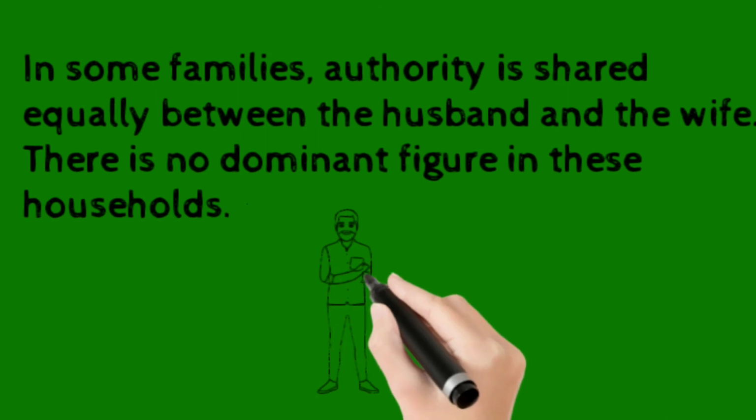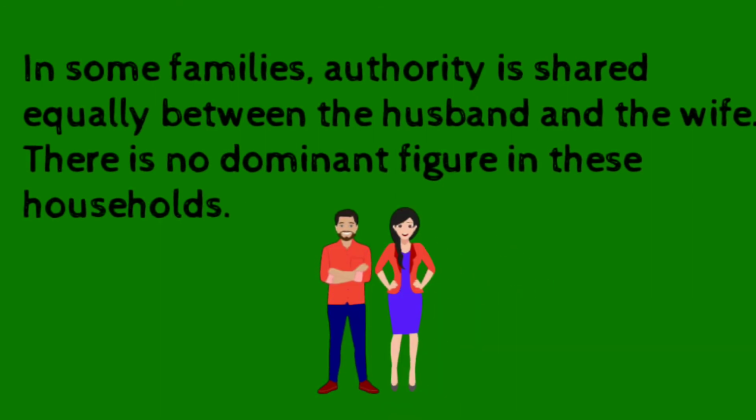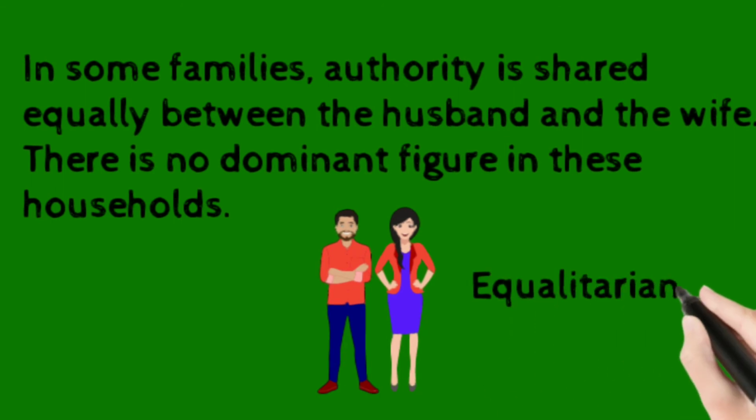In this sense, it would be referred to as equalitarian, coming from the word equal. So there's no dominant figure. Both partners have decided that the authority must be shared between the two of them. So that's the equalitarian type of family.